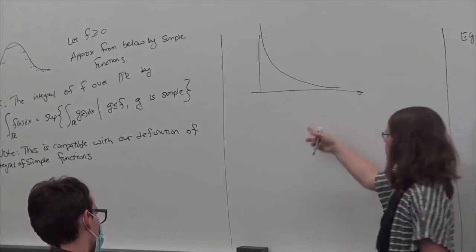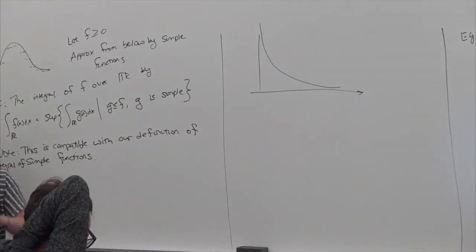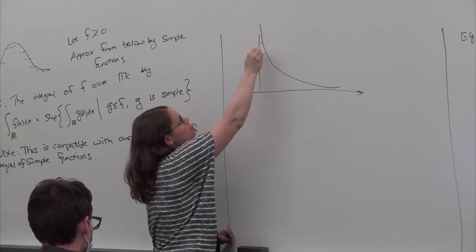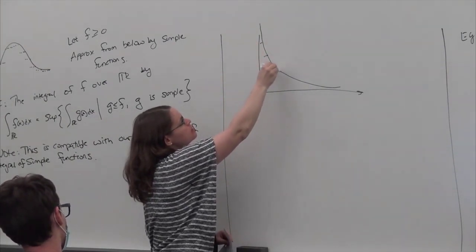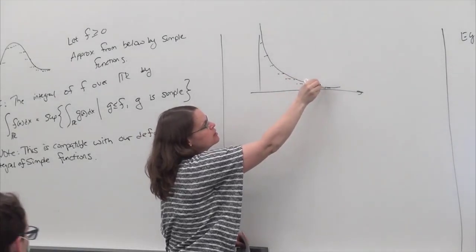A function, if it was unbounded below, I might have a hard time coming up with approximations from below. But being unbounded from above is not a problem. I can still come up with simple functions that will lie below this thing.